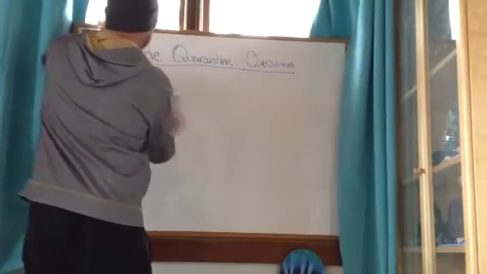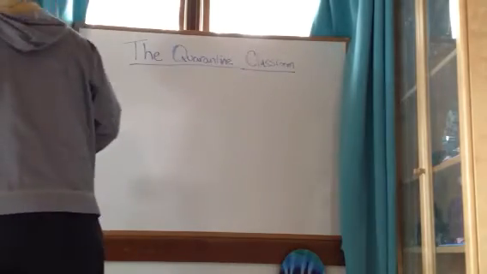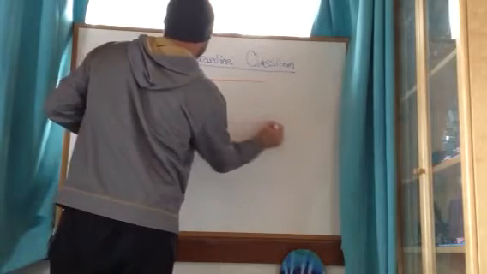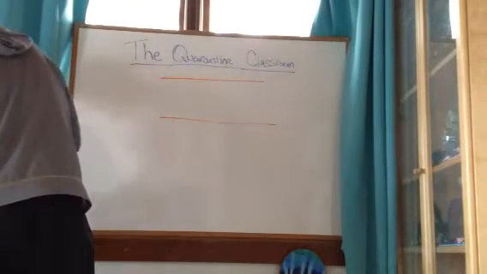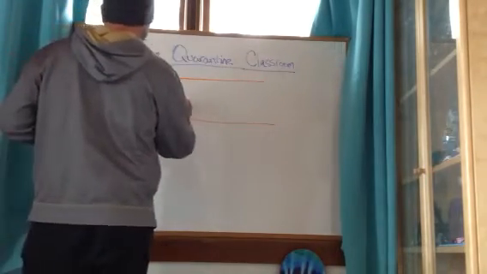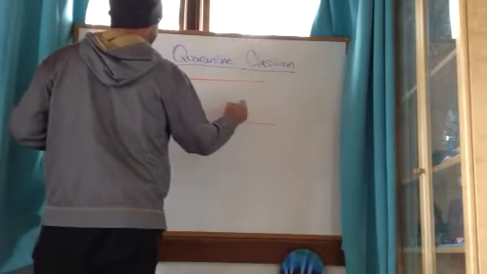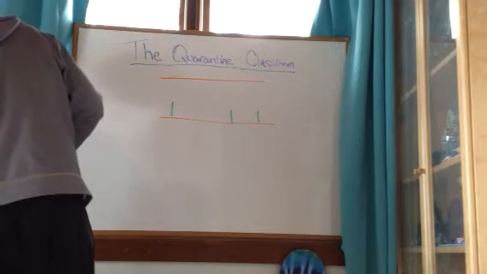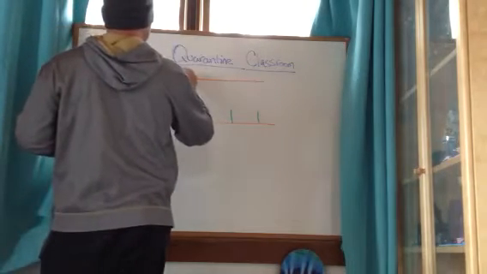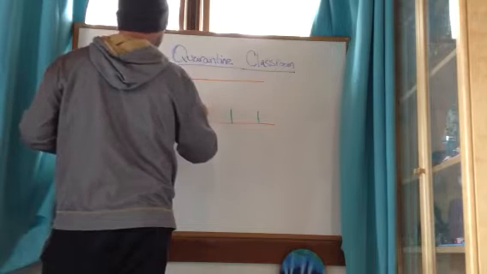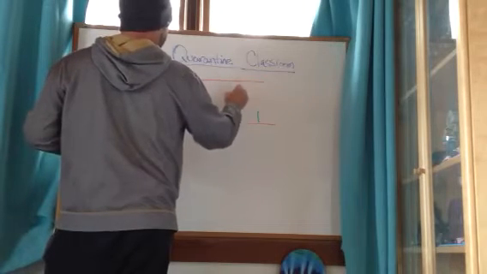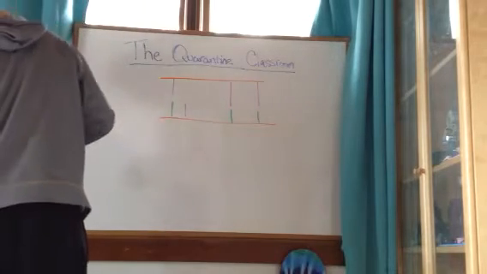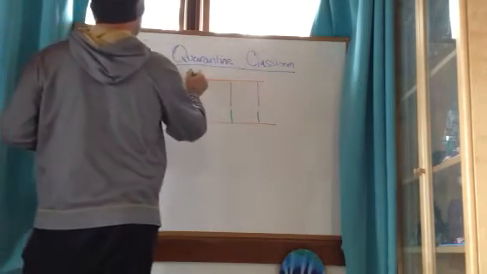First of all, substitution. Okay? So here we have our order of nucleotides. Let's say we have green, green, green, then red, red, red, red, red, then our green and our green.